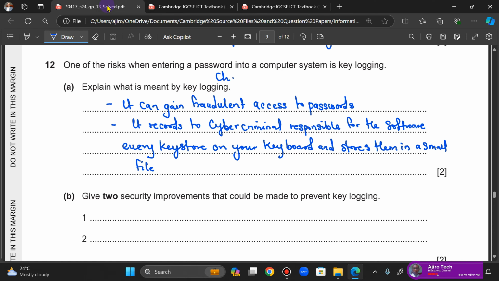So this is chapter 8, safety and security.